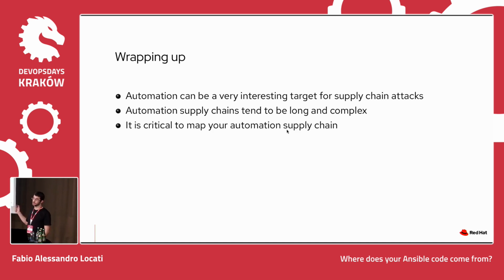It is critical to map your automation chain and to keep that map up to date, because what you are mapping today is true today, but might not be true in one year's time. So you need to ensure that every so often you check that your reality and your map actually match, and that you don't have any additional risks or any risks that changed over time.